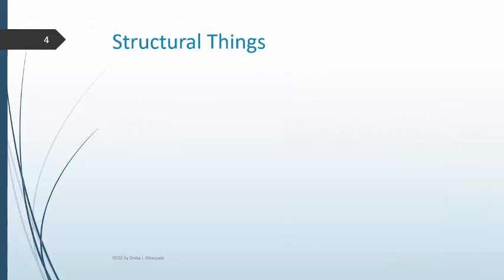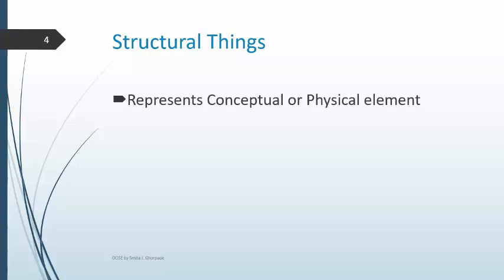Structural things. Structural things represent conceptual or physical elements of any system. Some of the structural things are classes, interfaces, collaboration, use case, active class, component, artifacts, and node. Physical elements are artifacts and a node of a system.